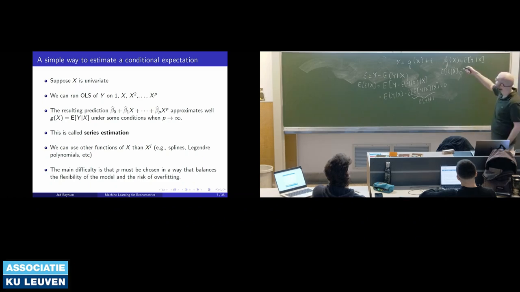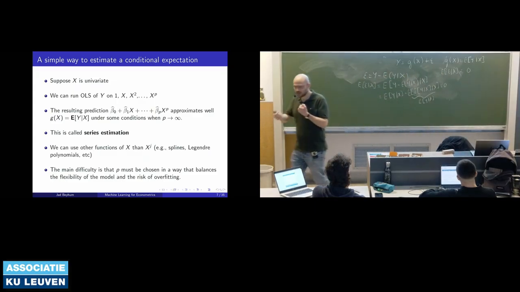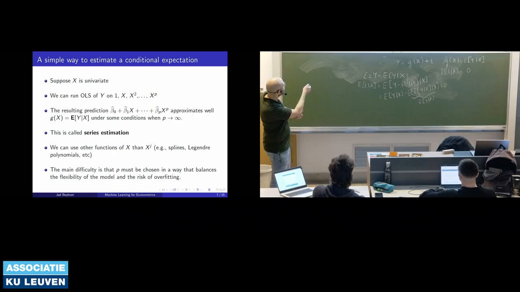Essentially when you do that, you relax the linearity assumption, and you're going to approximate g, the nonlinearity, very well. This kind of regression is called series estimation. So you put a series of terms and you use that to estimate a non-parametric object.